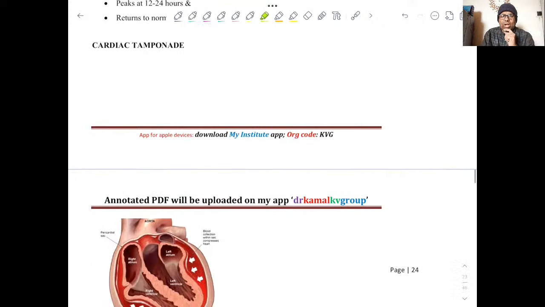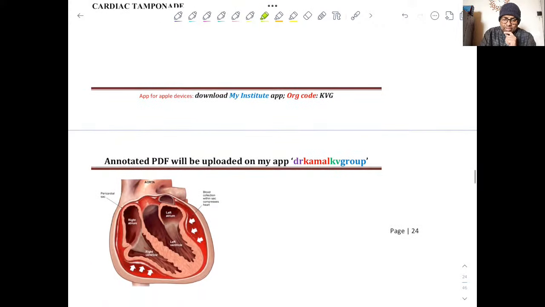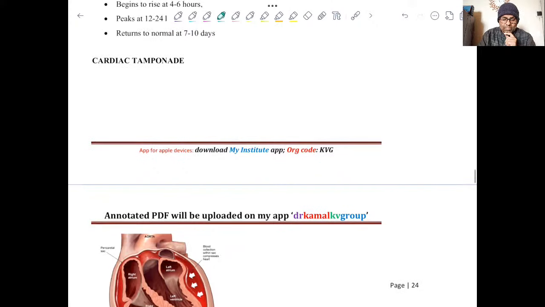Then moving forward to cardiac tamponade. Now there is pericardial effusion, which is the fluid in the pericardial cavity, and another entity is cardiac tamponade. Now what does tamponade mean?